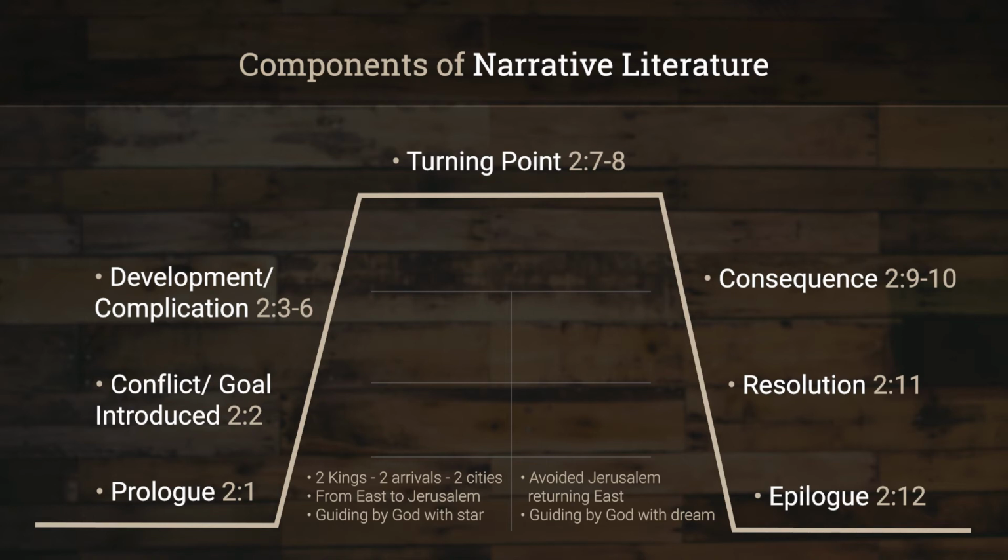And now they are guided by God in verse 12 with the dream. Also notice the parallels between the introduction of the goal and the resolution. That they saw the star and they've come to worship a king. In 2:11, they worship the king. They achieve their goal. And so you see the parallel structure in the story.